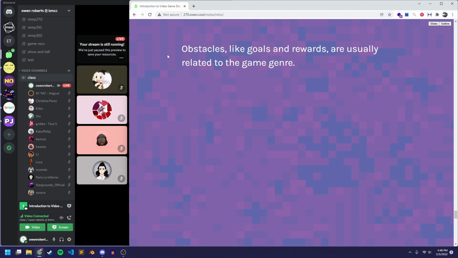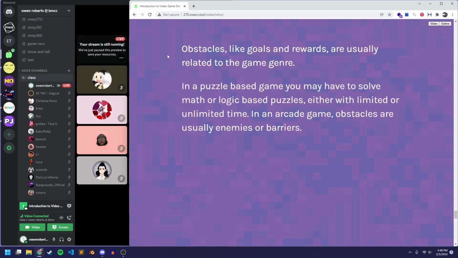And that's one way that we know what type of game we're playing: what are the obstacles. So if the obstacles are jumping between platforms, we're probably playing a platformer. If the obstacles are solving puzzles, then we're playing a puzzle game. So everything is related to the genre, and we'll talk more about that in a couple weeks. But typically, obstacles are going to tell us what type of genre we're playing.